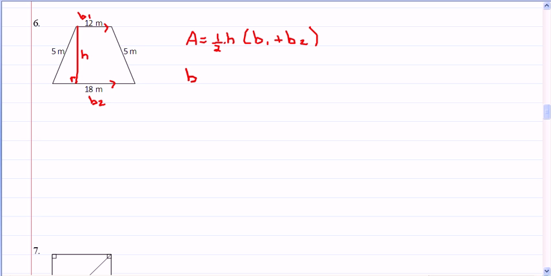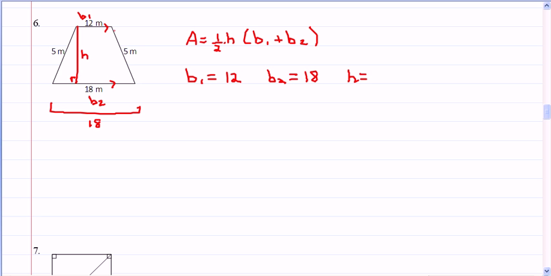So this length here is our height. So let's label what we have so far. We have base 1 is 12, base 2 is 18, and the height is what we need to find so that we could find the area. So this 18 refers to this entire base right here.